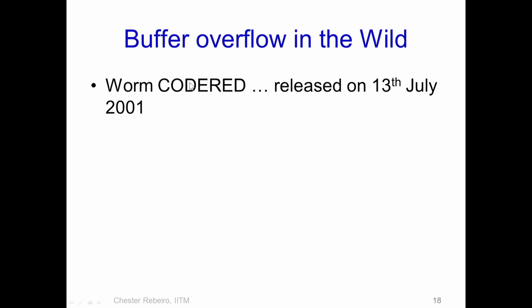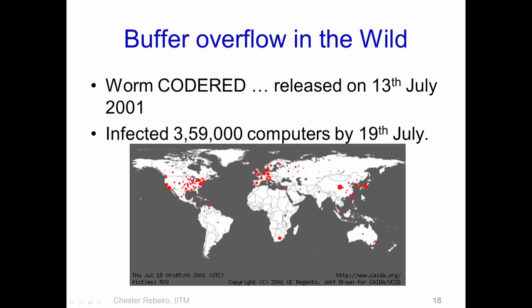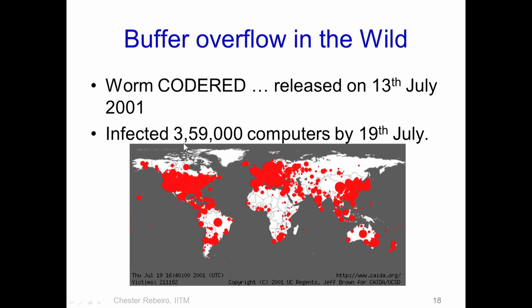And one of the first viruses that actually used the buffer overflow was the worm called Code Red, which was released on July 13th, 2001. So, this created a massive chaos all over the world, and the red spots actually show how the virus spread across the world in less than a day or a few hours. So, we see that this particular virus which used the buffer overflow infected roughly 359,000 computers by July 19th, 2001.